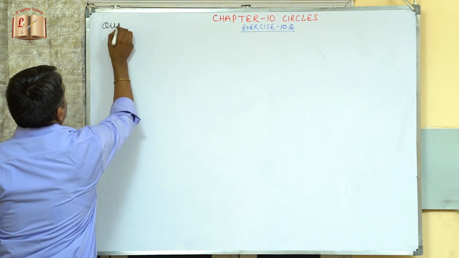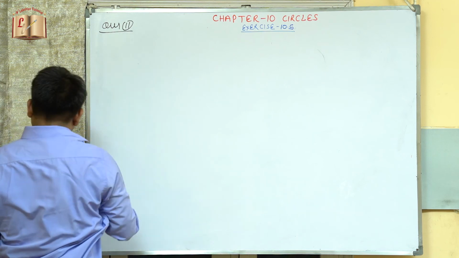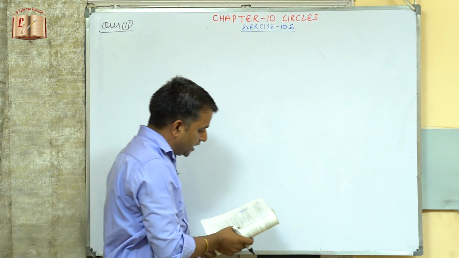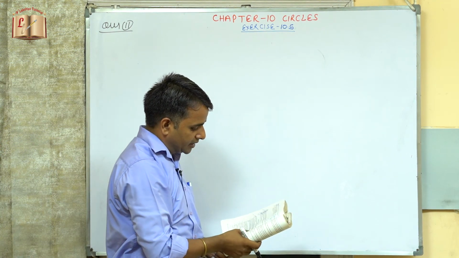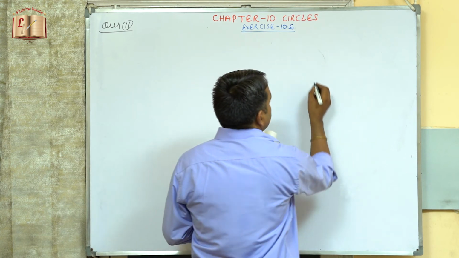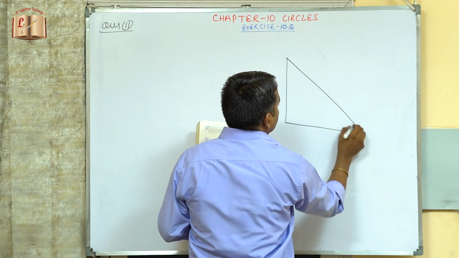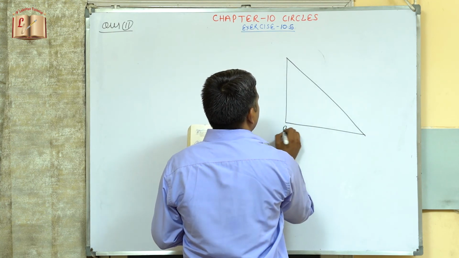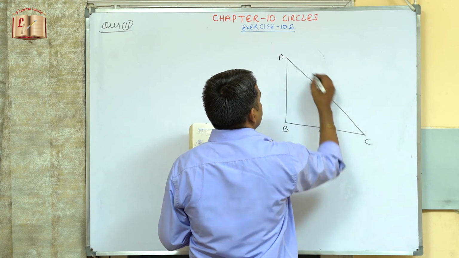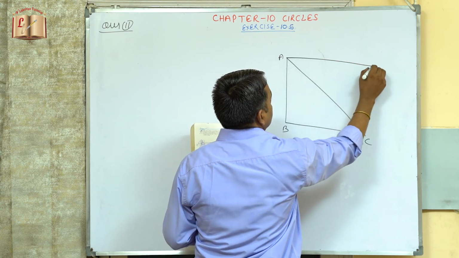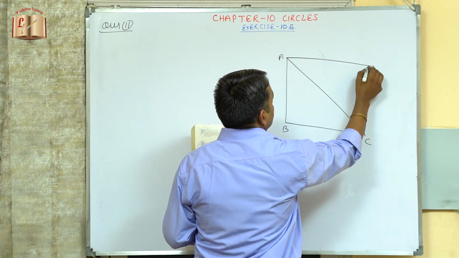Now coming to question number 11. ABC and ADC are two right angle triangles with a common hypotenuse AC. So this is now B, this is A, this is C, and from here there is another right angle triangle.